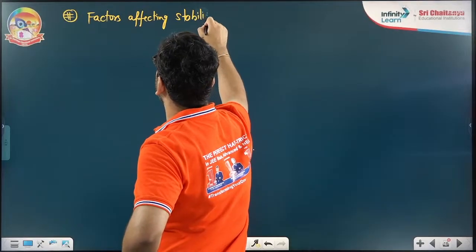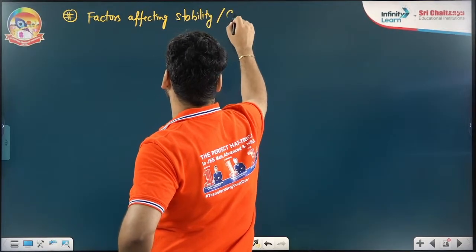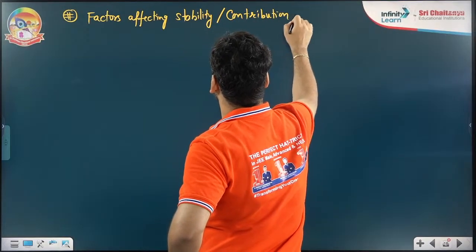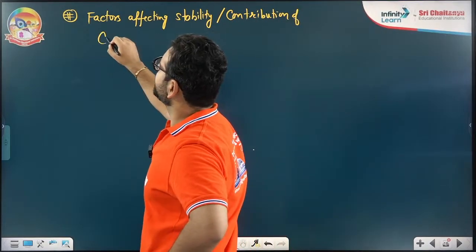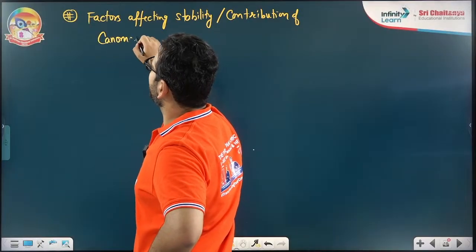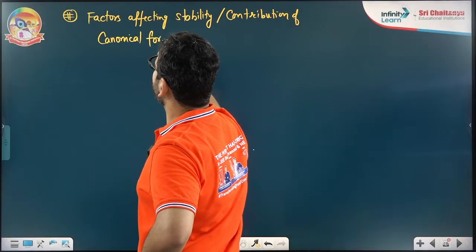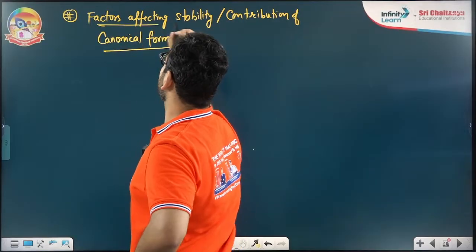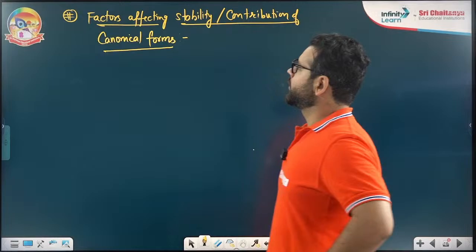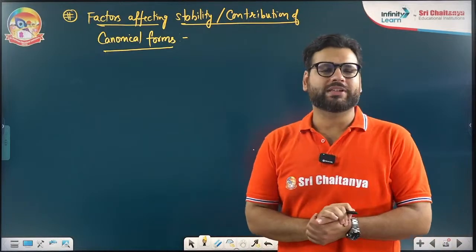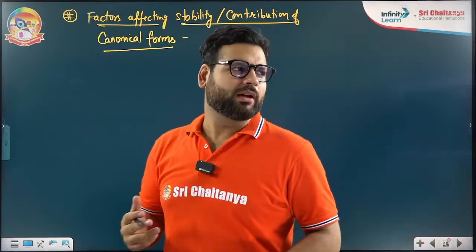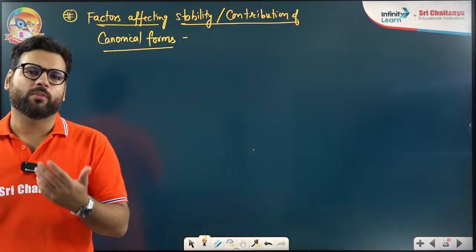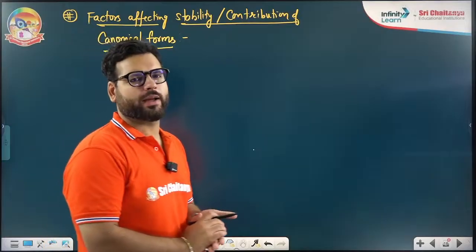Stability slash contribution of canonical forms. Whichever canonical form is more stable will contribute more to the resonance hybrid.